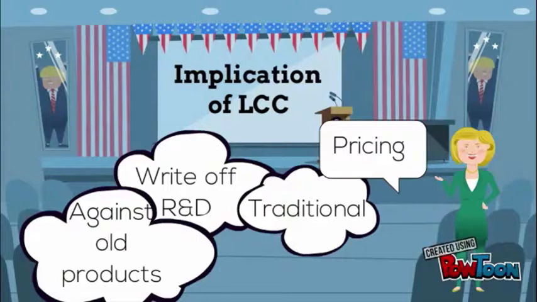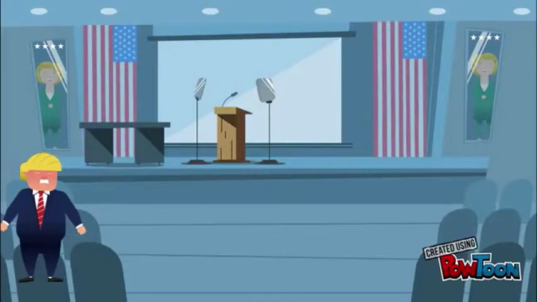What that means is that we're writing off R&D costs on new products against the revenue that's being generated by old products. That can make the old product look less profitable, because we're writing off the R&D costs against the revenue of old products. That doesn't happen under life cycle costing.